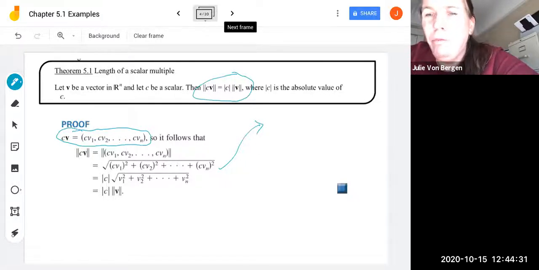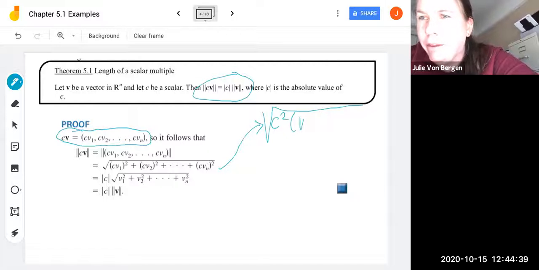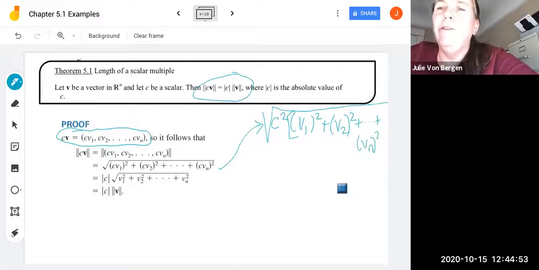So we know we can factor out a c squared here. Everything's still in our square root of our v1 squared plus v2 squared, plus so on, ending with our vn squared, all still in our square root.